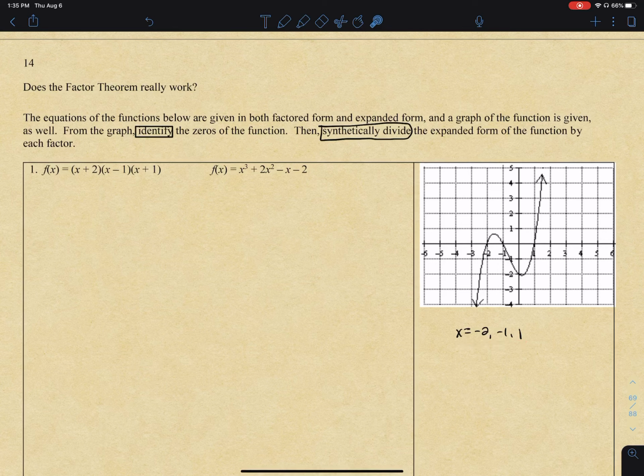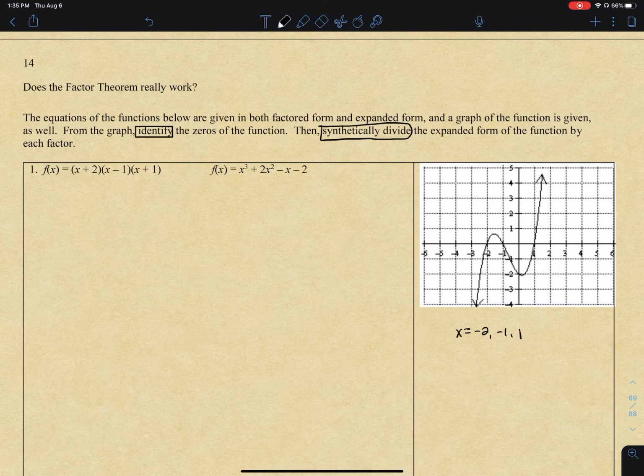Now before we do that, let's just check out the factored version of this. X plus 2 is a factor. X equals -2. -2 essentially is a 0. X minus 1's a factor. 1's a 0. X plus 1's a factor. -1 is a 0. That already is showing that the factor theorem is working.